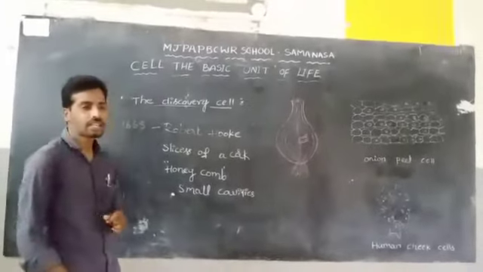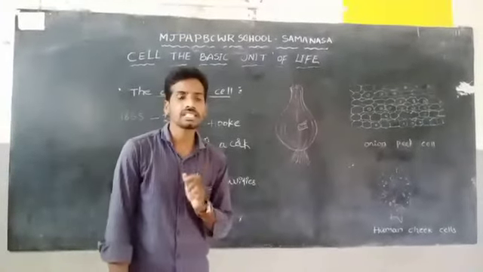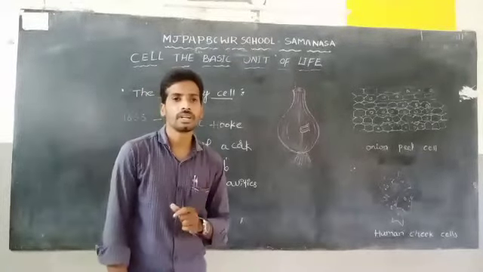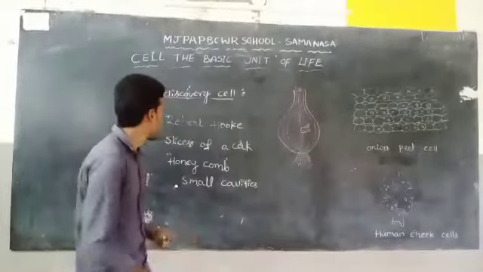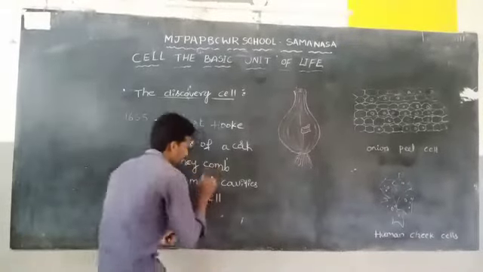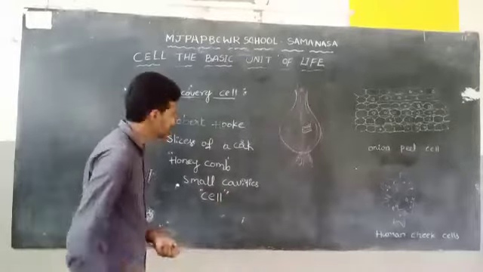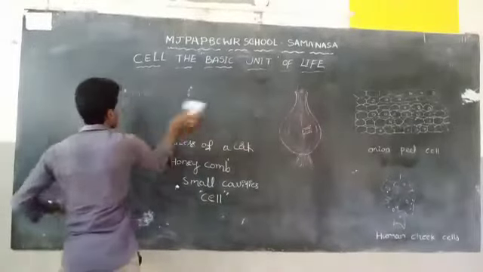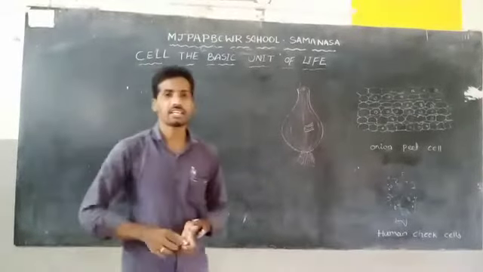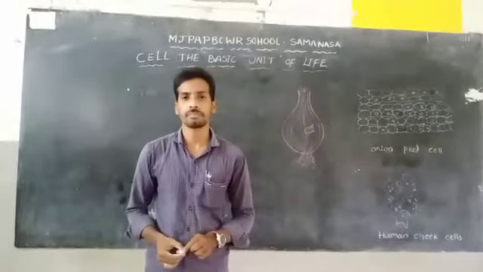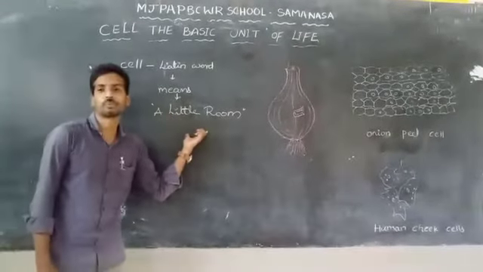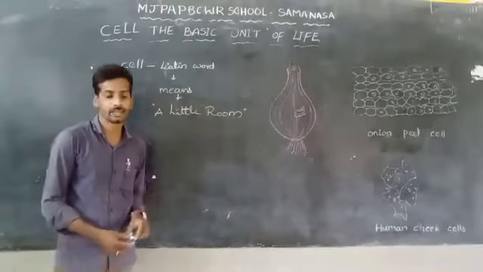These small cavities Robert Hooke named cells. What is the meaning of cell? The word cell is derived from a Latin word meaning a little room, an empty space or a little room.